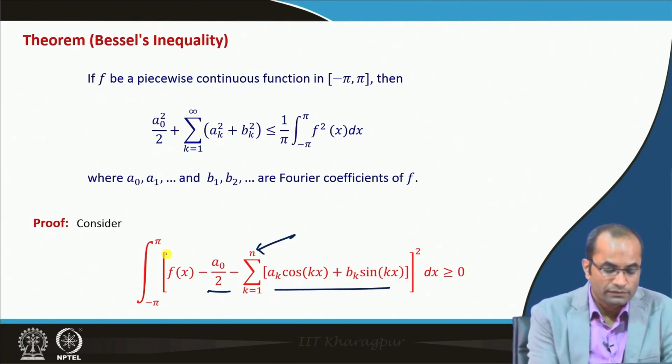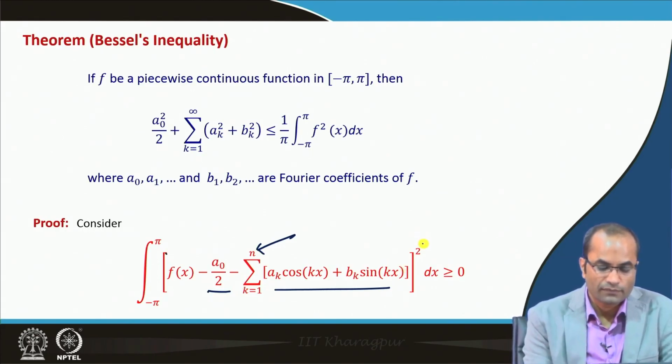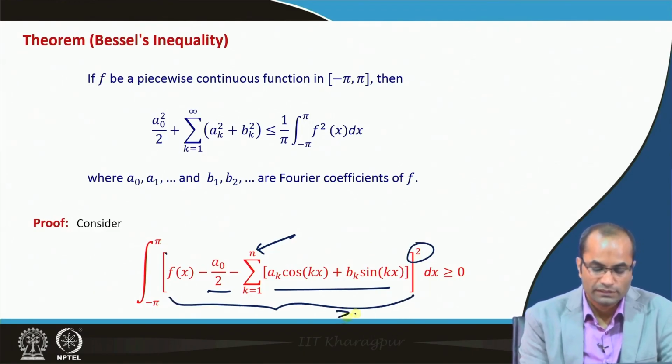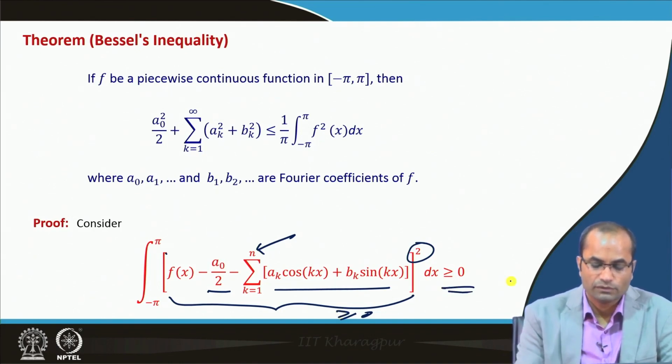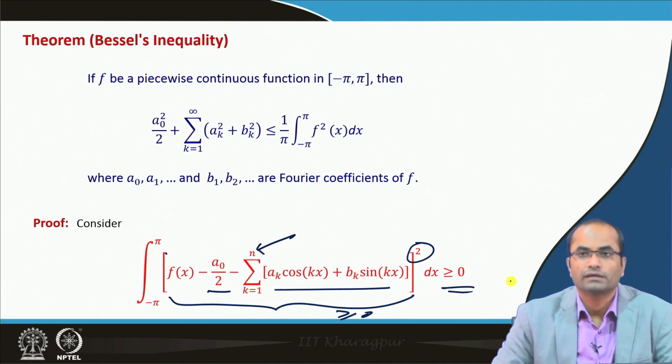We take this difference and then the square. Since the integrand is non-negative, the integral will be greater than or equal to 0 for sure.